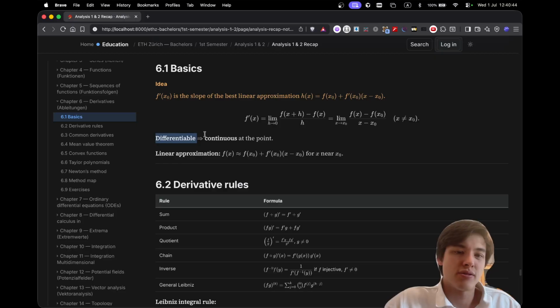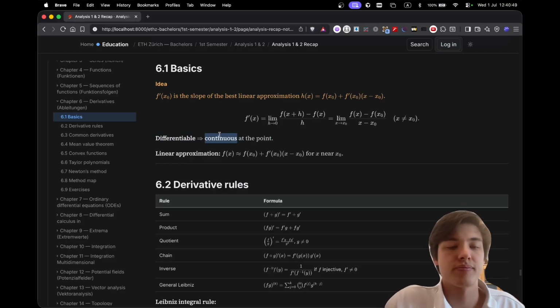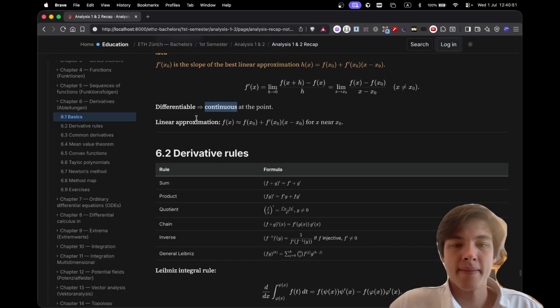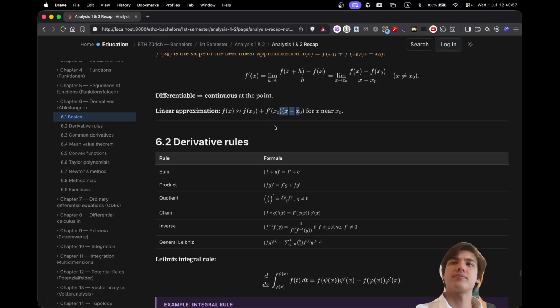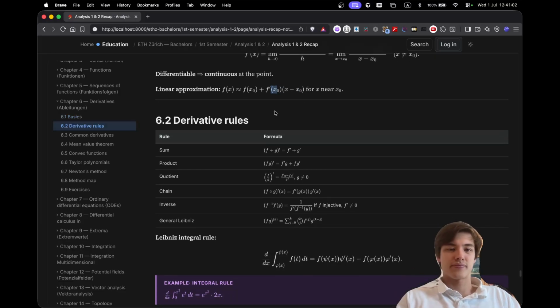And if it is differentiable, then it also means it's continuous at the point. And this is a linear approximation, like a Taylor series expansion, as we'll see. We can always use the first derivative.